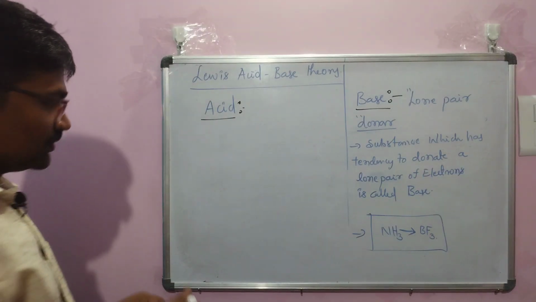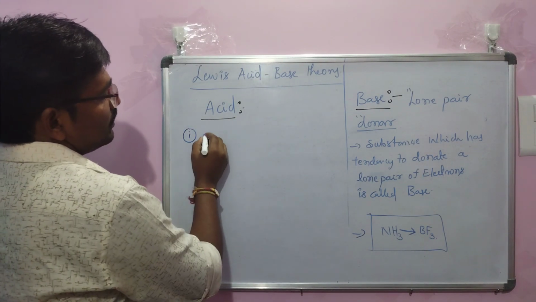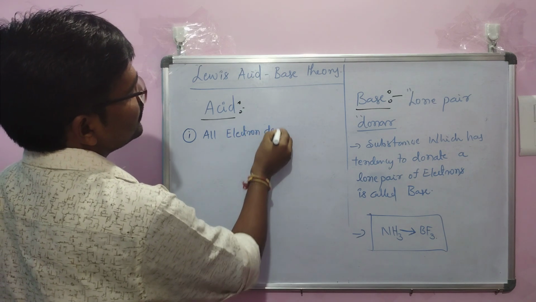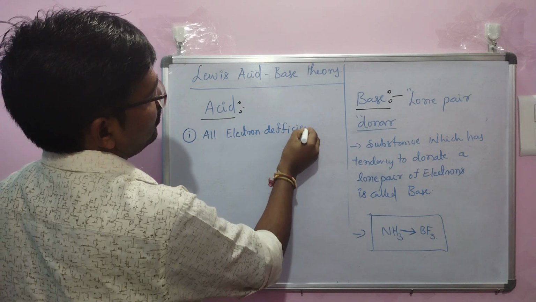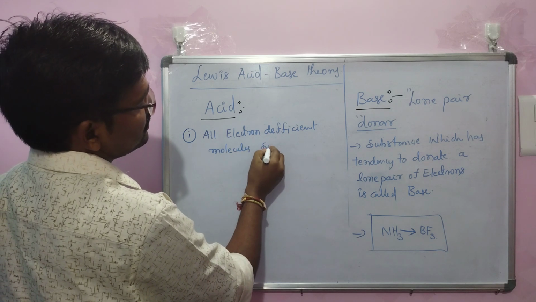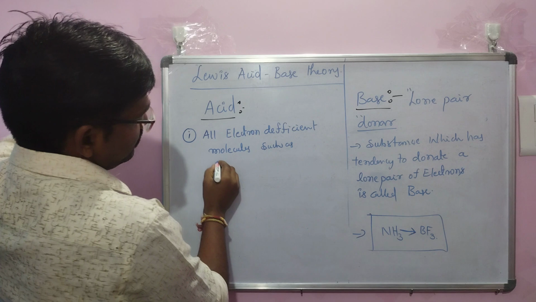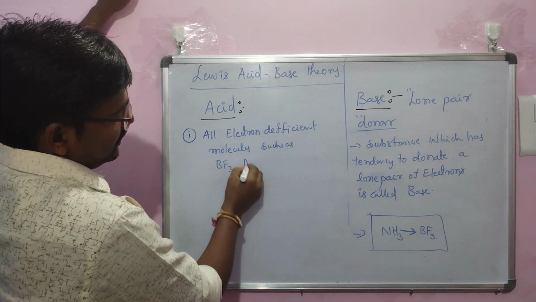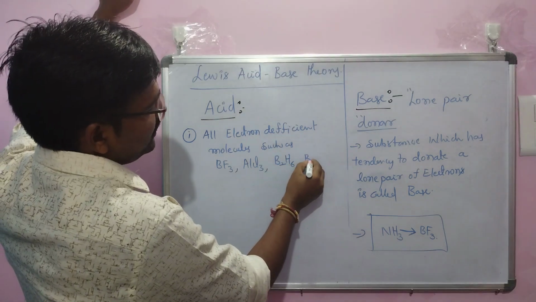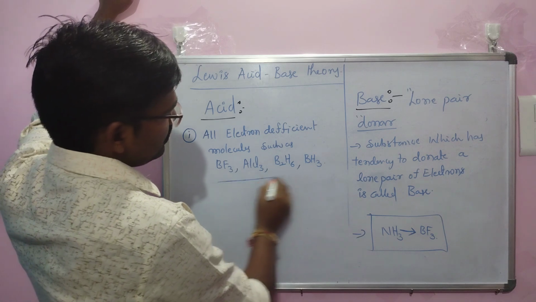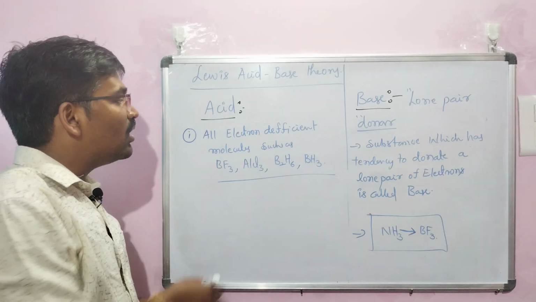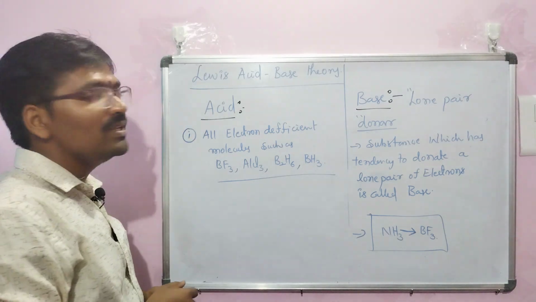First one: all electron deficient molecules such as BF3, AlCl3, B2H6, BH3. All these are electron deficient molecules, and all electron deficient molecules are Lewis acids.